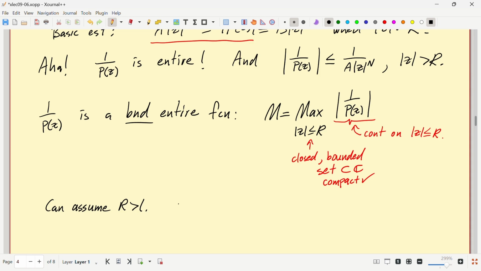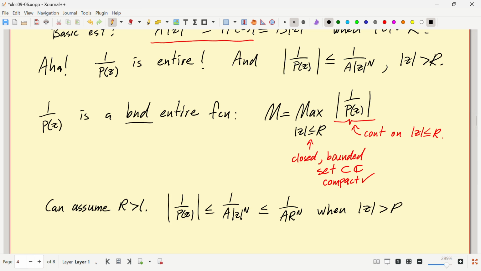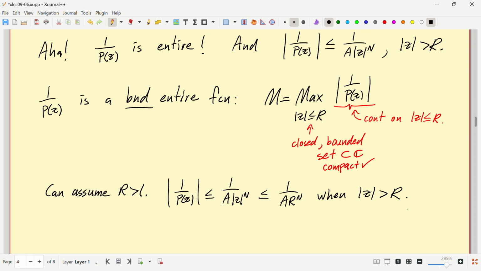Then 1 over P of Z would be less than or equal to 1 over A Z to the n, and that would be less than or equal to 1 over A R to the n when mod Z is bigger than R. And so that would be a bound. I get a bound outside there.